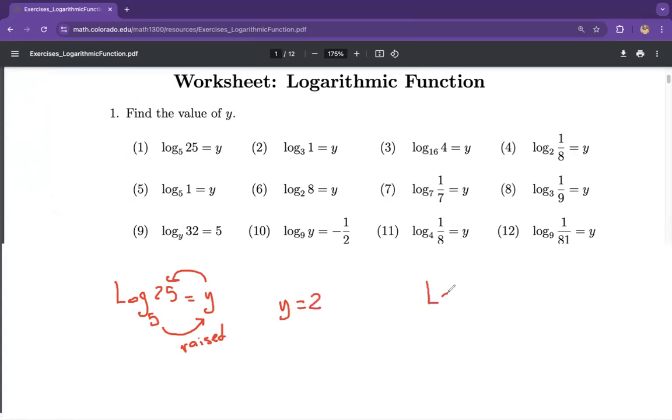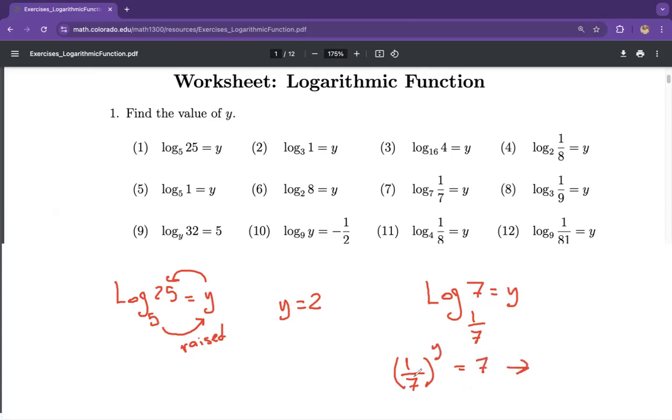Log base 1/7 of 7 equals y. So here, what this means is 1/7 to the power of y equals 7.